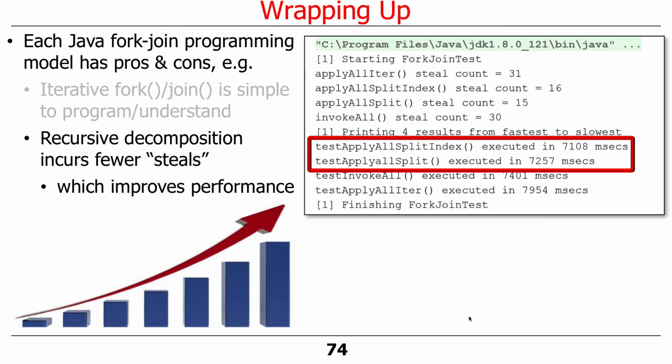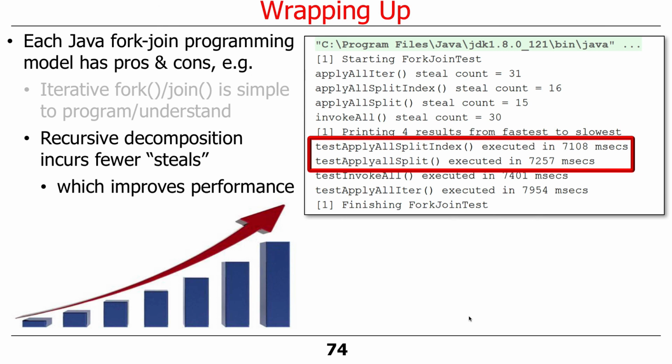If you're doing really long computations, the fact that it took a couple hundred nanoseconds or whatever to steal, who cares? Because it took 10 minutes to run the computation, right? If you're doing very short-lived computations, then obviously the overhead of the work stealing matters more. So whether it's going to make a difference or not really depends on the length of the computation.